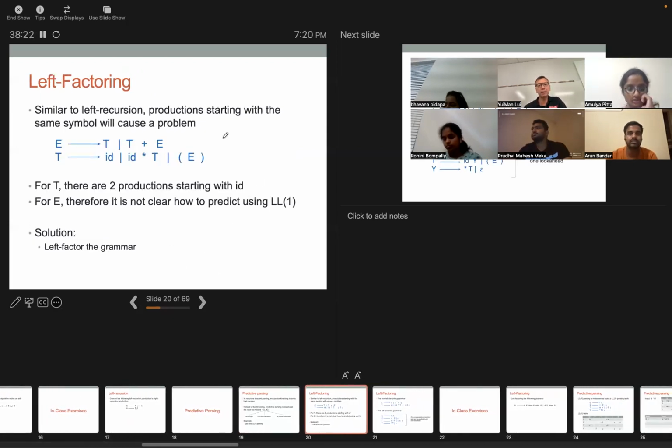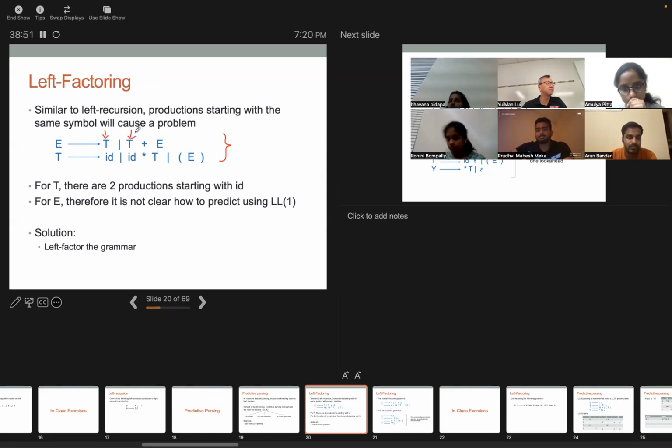So here is our grammar. Okay? E goes to T or T plus E. And T goes to ID, or ID times E, or left parenthesis E followed by right parenthesis. All right. So in here, I don't really know which one to choose.